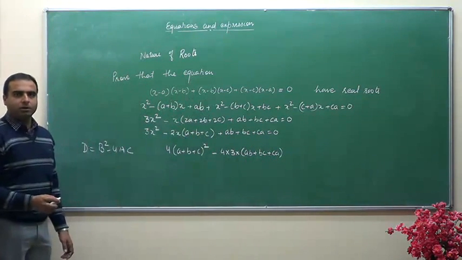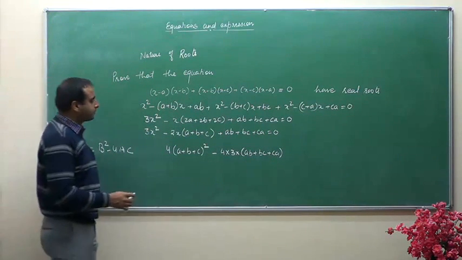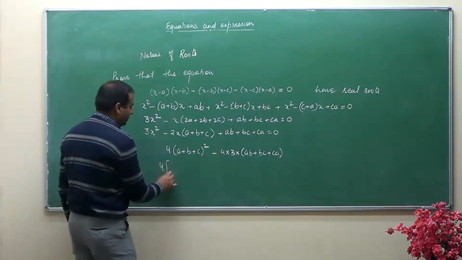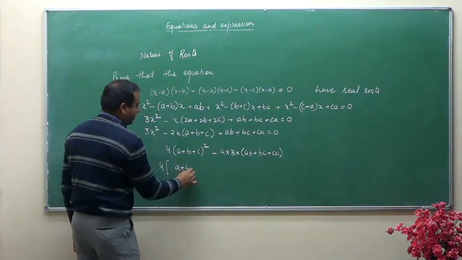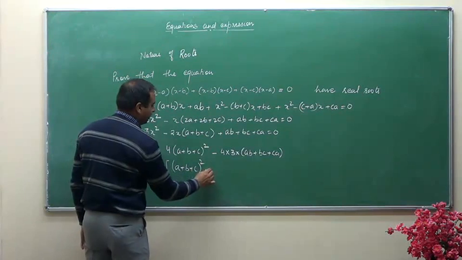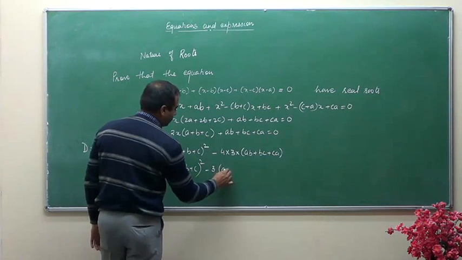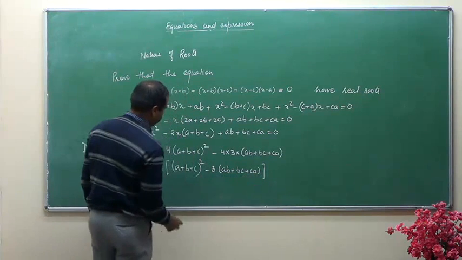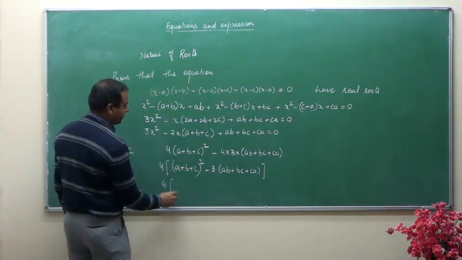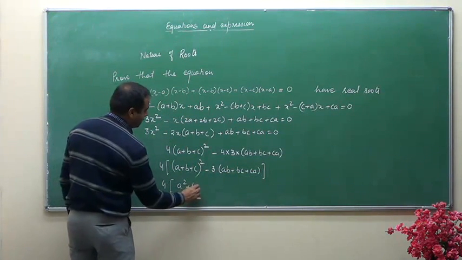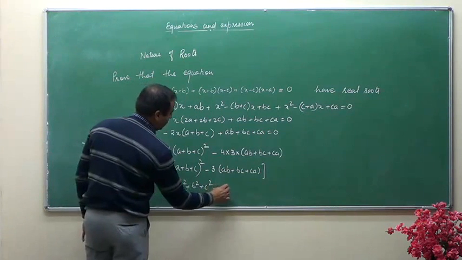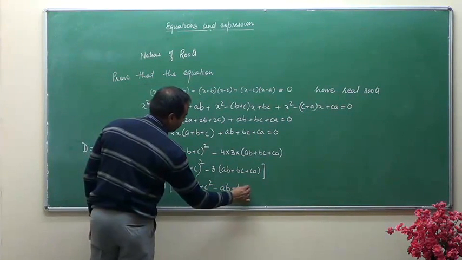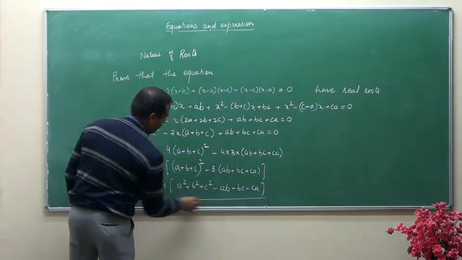This is the discriminant of the quadratic. Now, (a plus b plus c) whole square minus 3 times (ab plus bc plus ca). After simplifying this expression, it is a square plus b square plus c square minus ab minus bc minus ca.